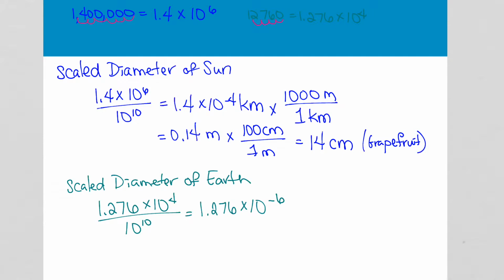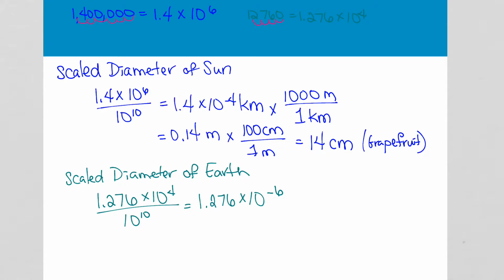Okay? Can you see that? I can't. And that is in kilometers. So I'm going to go ahead and change that to millimeters. There are 10 to the 6 millimeters in 1 kilometer. Just to speed this up a bit, okay?